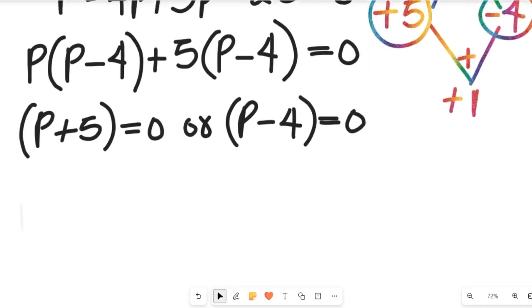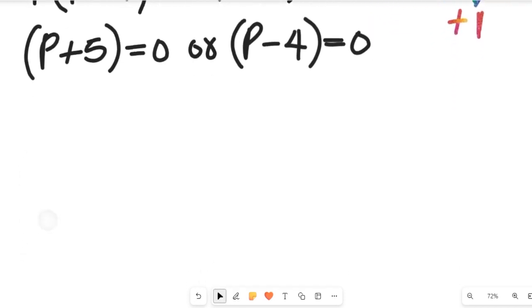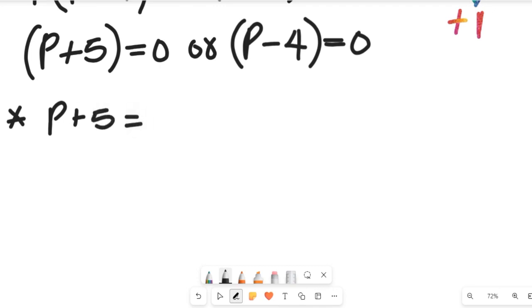Great. Now we are going to simplify those two separate equations. In the first case, we have p plus 5 equal to 0, and in the second case, we have p minus 4 equal to 0.